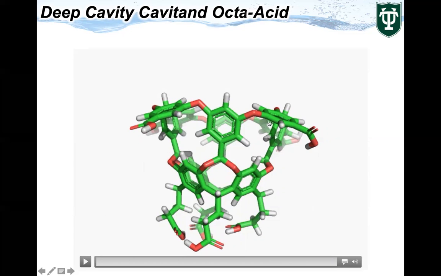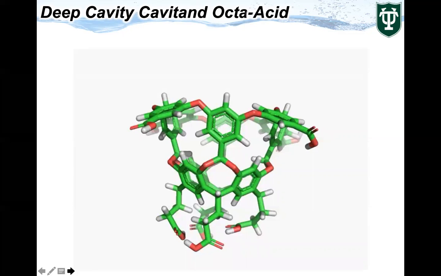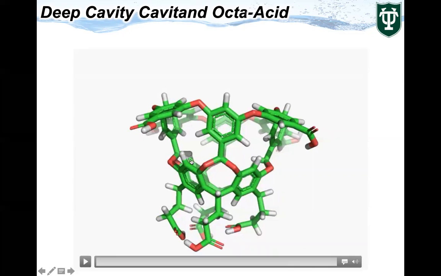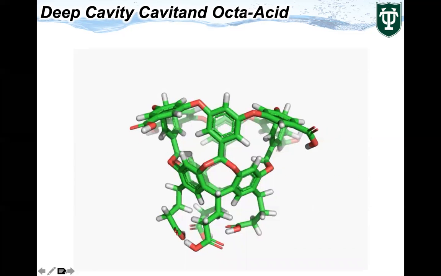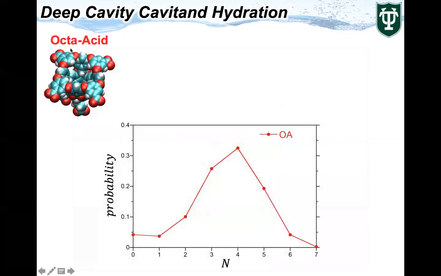We start with this octaacid case, and we just ask the question, what does water think about going inside this pocket? We see here the octaacid with its pocket, and we just do the simple thing of simulating this with GROMACS and looking at the probability of N waters residing within this pocket.